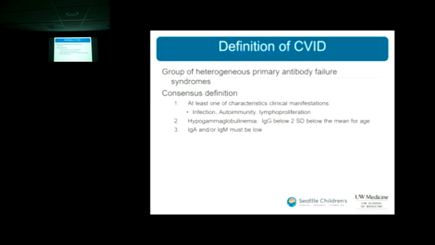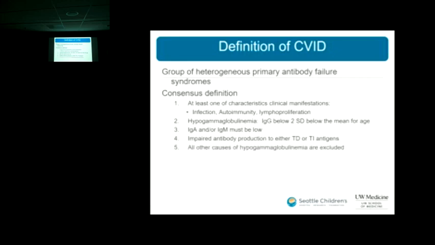So there was a lot of debate back and forth about whether we should include the IgM or not, but the general consensus is to include either a low IgA or IgM being low. And you need to demonstrate at least some impairment in antibody production, either to T-dependent or T-independent antigens, meaning protein conjugated or polysaccharide vaccines.